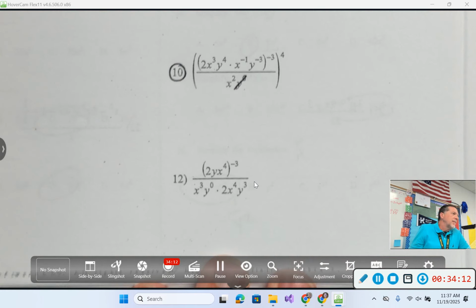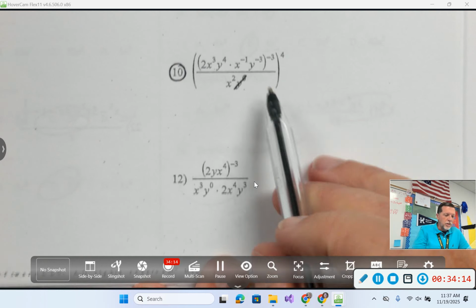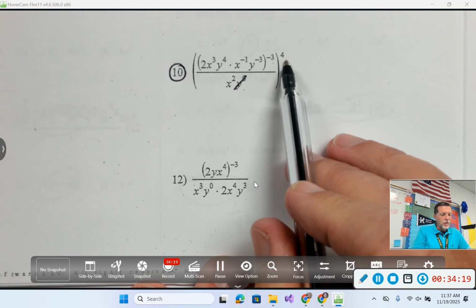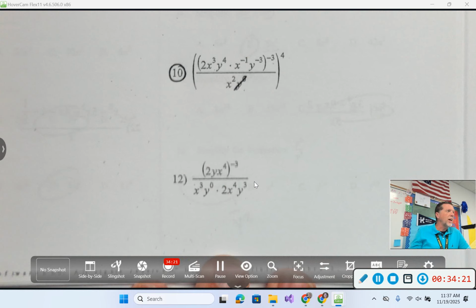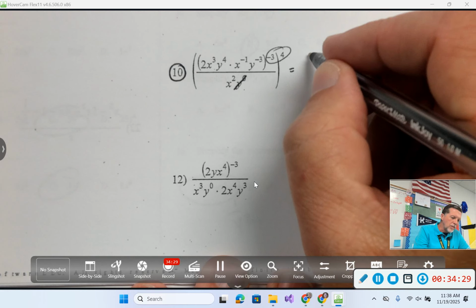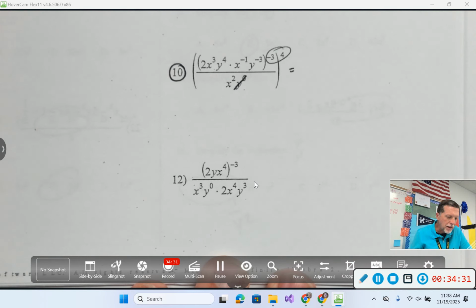So do you want to distribute the -3 and then the 4? Or do you want to do 3 times 4 is 12 and then distribute that? 3 times 4 and then do it. So let's, -3 times 4 is -12. Oh, wait a minute, I need to be careful if I do that. Why do I need to be careful?